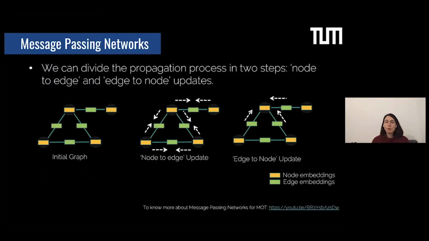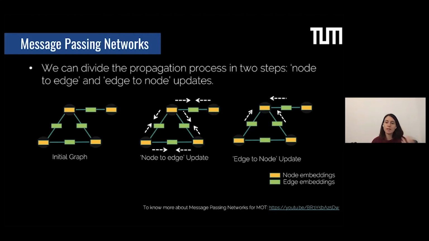So the propagation step, very briefly, is divided into node to edge update and edge to node update. The appropriate operations need to be defined for these updates, which are, again, not classic operations like you would have in a CNN. And you have to take into account, for example, that you don't know the number of edges connected to a node.